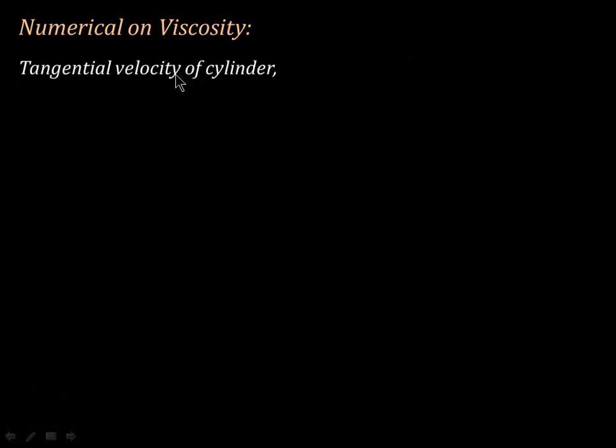We can calculate the tangential velocity of the cylinder, u, by the formula u equals pi D N by 60. Whenever there is a cylindrical structure which is rotating, and we have its diameter and the speed in rpm, we can calculate the tangential velocity by this formula.